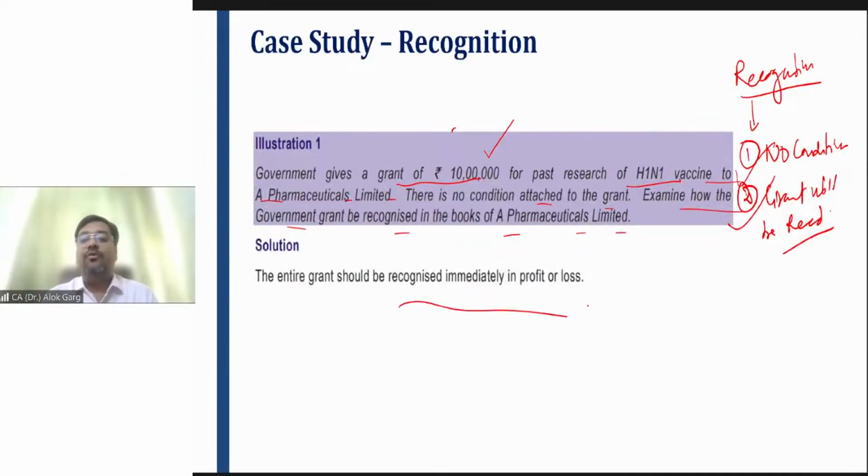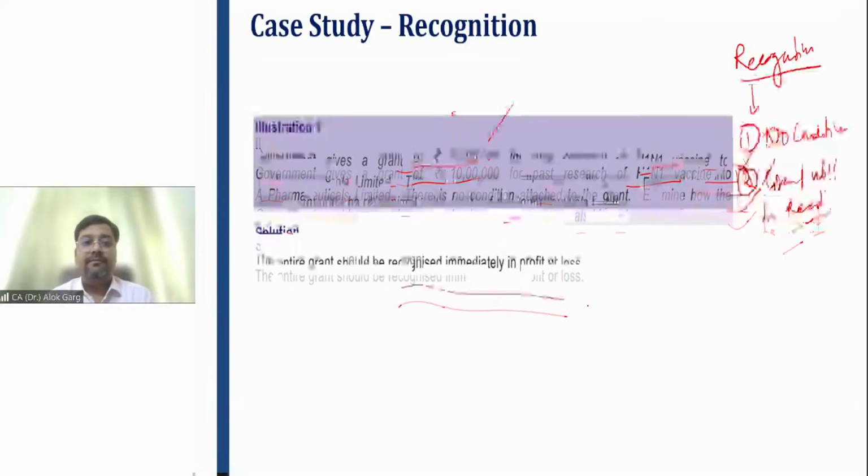It is not time period based, it is target based, number based. So if the entity is sure that they will be able to comply with the condition, the entity will be able to recognize the government grant. Is that clear?